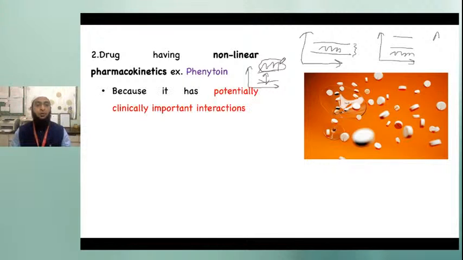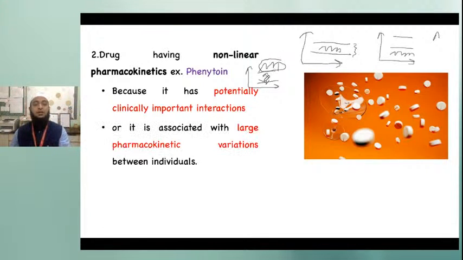It also has potentially clinically important interactions. Phenytoin interacts with many drugs, and due to the interaction with many drugs, its concentration may change. So this is another reason. Likewise, it is also associated with large pharmacokinetic variation between individuals. That is what I have discussed: if you give phenytoin at a therapeutic dose to different people, you may see different rates of absorption in those people.